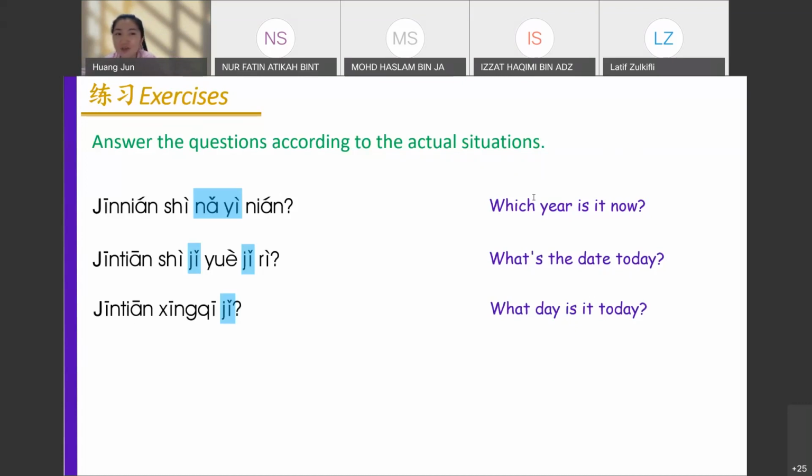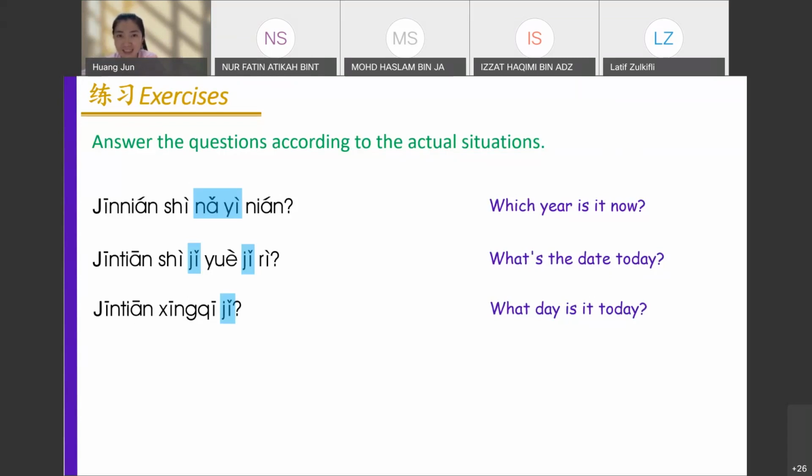Cannot. So for the question they can, but for the answer cannot. The question is the same whether written together or separate, but for the answer, always remember days of the week we write as one word. They cannot separate.